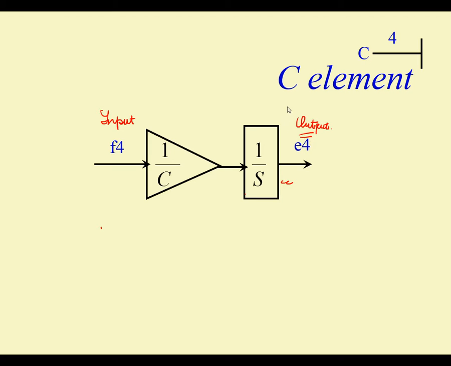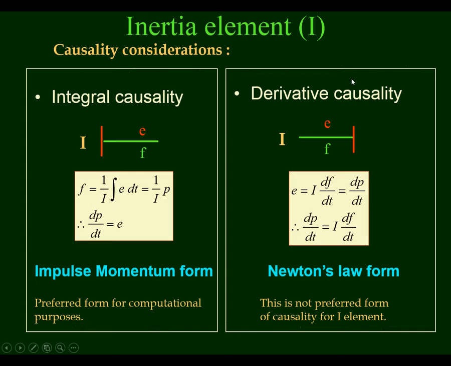So it's 1 over C times the integral of I dt, which is 1 over S. And then obtain E sub 4. So that's the C element. Now we could consider the I element, which we are calling the inertia element.